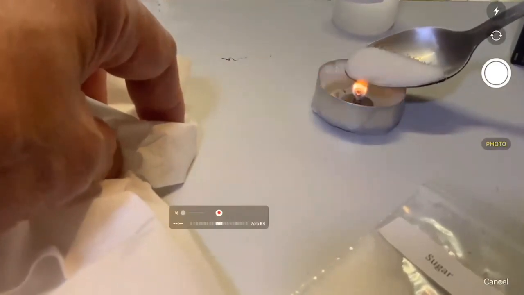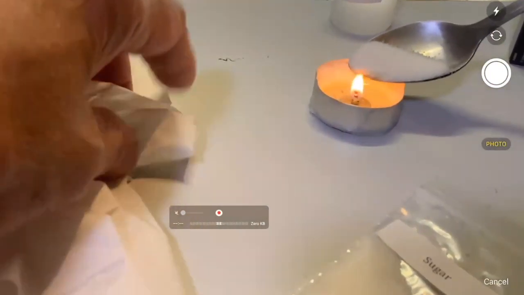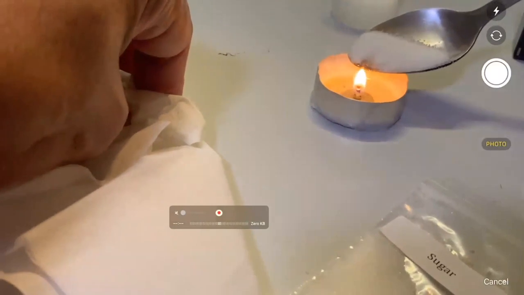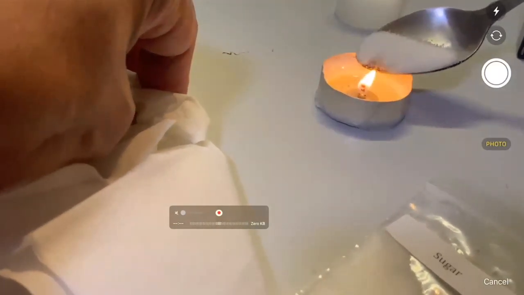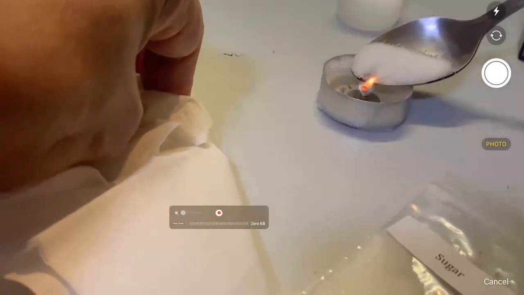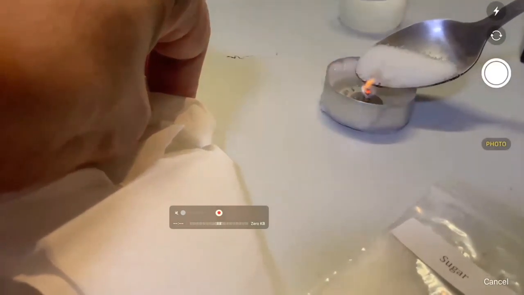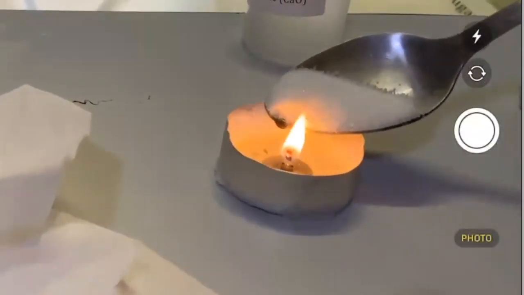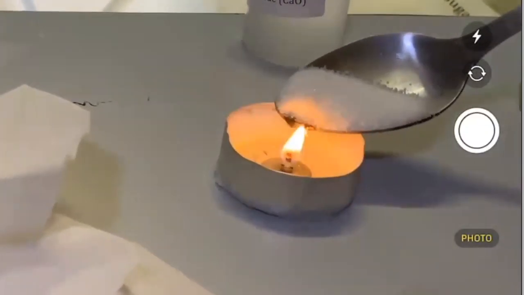Now, if you have an alcohol burner, then you should be able to get this thing going fairly rapidly. But again, we're sort of limited to the amount of heat that we have here. And what we're doing is just caramelizing it, but it should ignite.